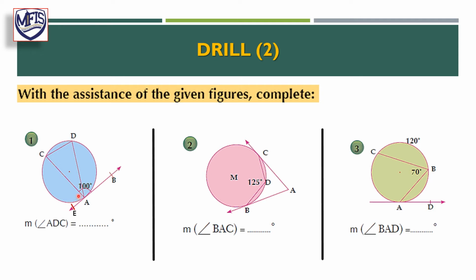As we can see here, measure angle CAB equals 100 degrees. Therefore, measure angle CAE equals 180 minus 100. Then measure angle CAE equals 80 degrees, and also measure angle ADC equals 80 degrees.